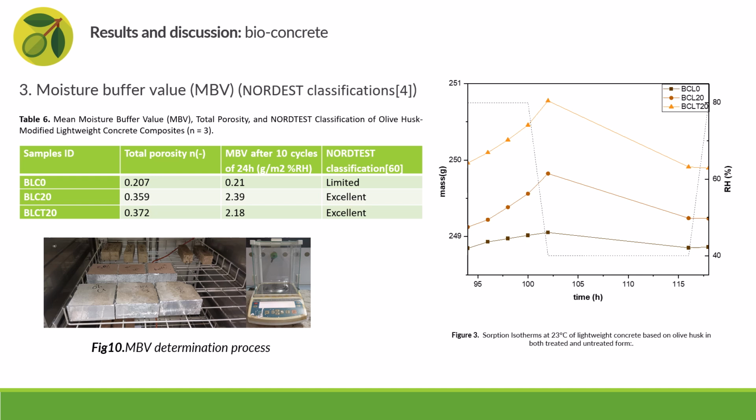Overall, the results demonstrate that olive husk concretes, whether untreated or treated, provide excellent moisture buffering performance, which is highly beneficial for passive regulation of indoor humidity and for reducing reliance on mechanical ventilation systems, especially in the Mediterranean region where this material is really abundant.